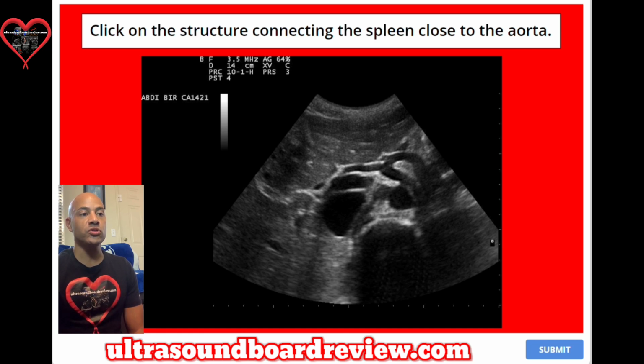This is why it's crucial to know your anatomy really well. The answer is right here. This is the splenic artery, which connects the spleen close to the aorta.